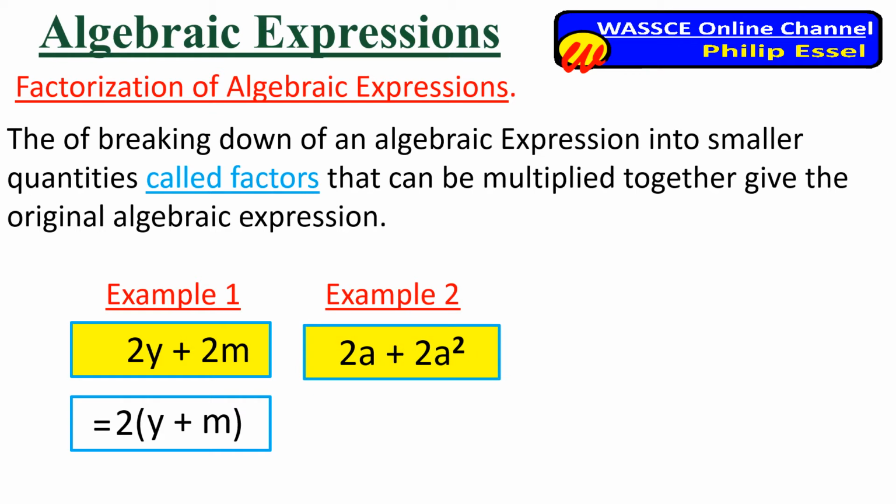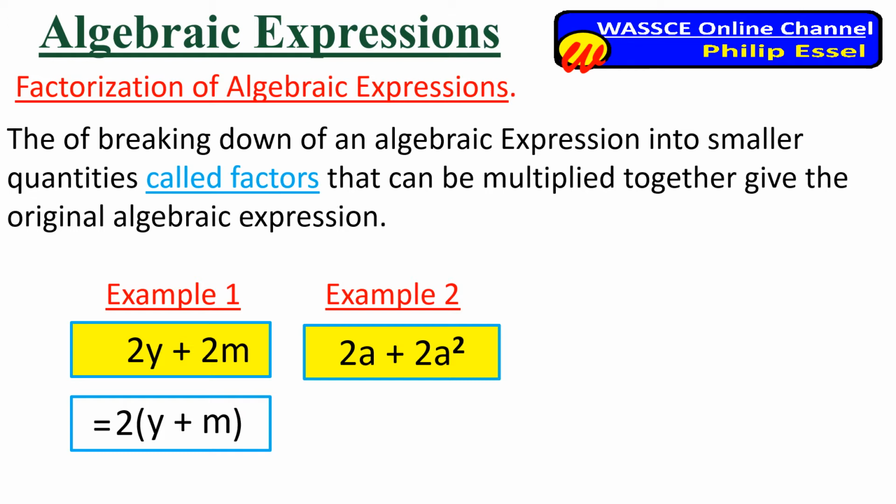Let's factorize another algebraic expression. In this case, we've been given the algebraic expression 2a plus 2a squared. This algebraic expression is another example of a two-term algebraic expression called a binomial expression.